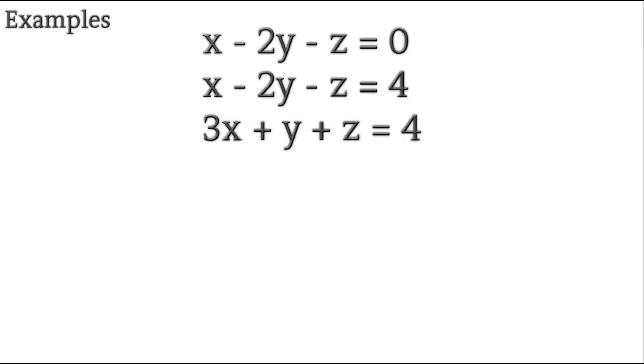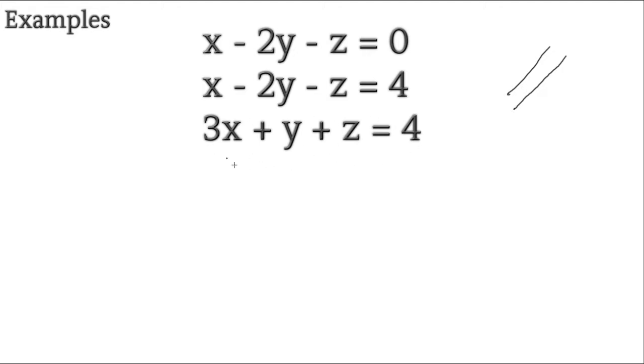The second one is kind of similar, but you can definitely tell again the first two are parallel because they have the same normal vector. So we have two planes that are parallel, with minus d dot a being 0 and minus 4 respectively.